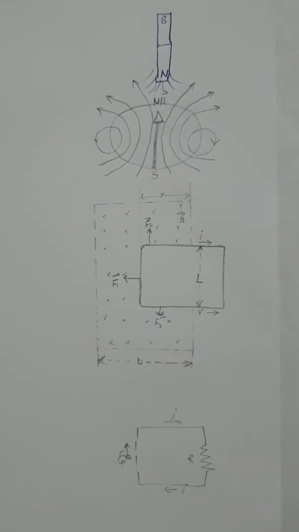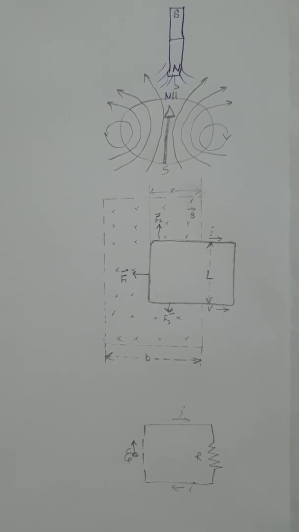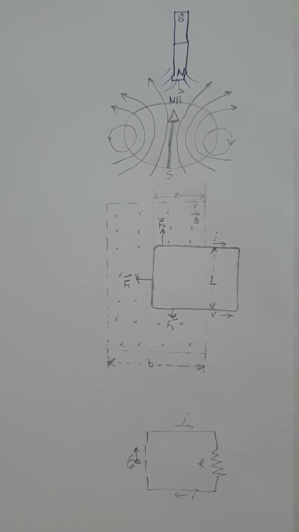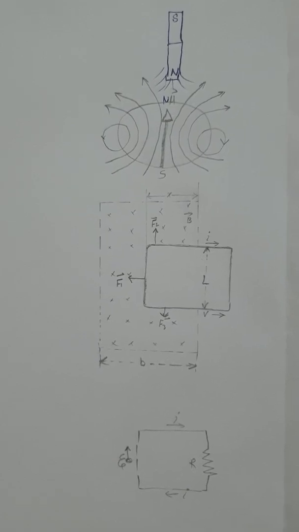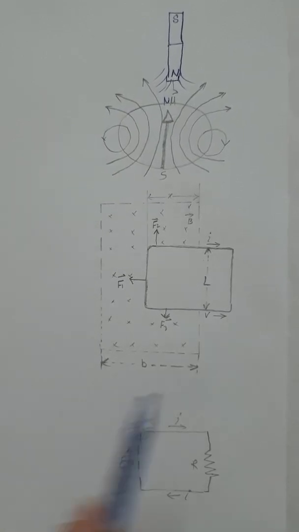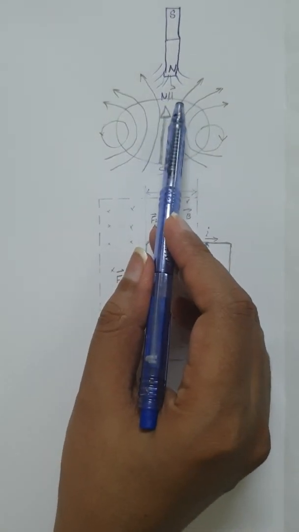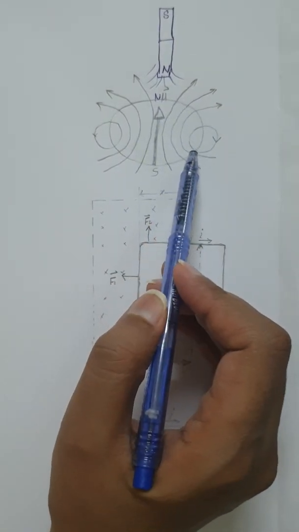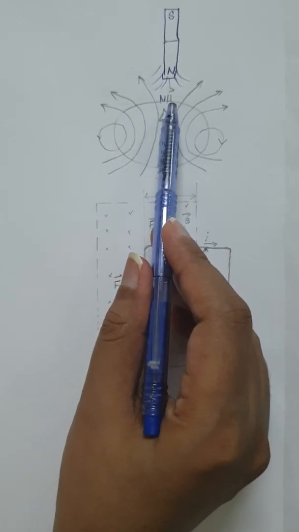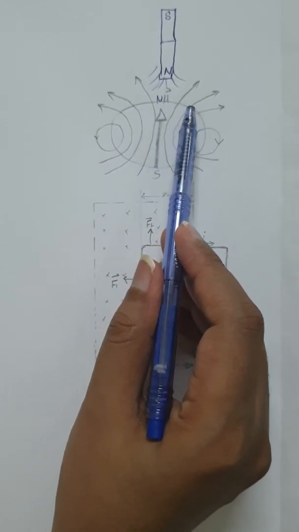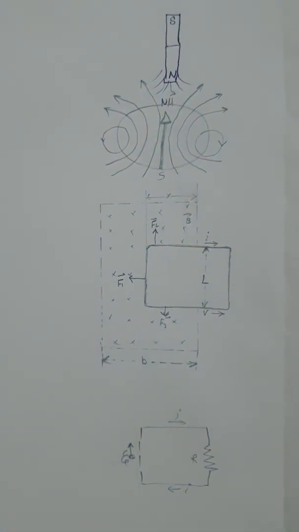At the same time, thermal energy is also produced in the material of the loop because of the material's electrical resistance to the current that is induced by the motion. So when there is a change in magnetic flux, induced EMF is produced and induced current is produced, and then there is some resistance in the coil, and there is some energy loss in the system.